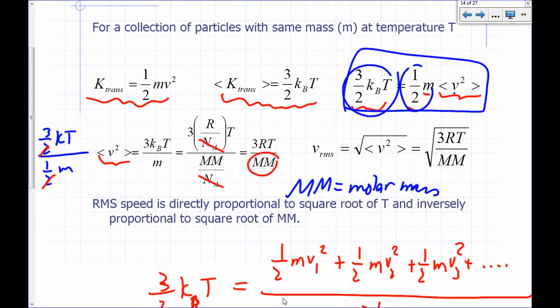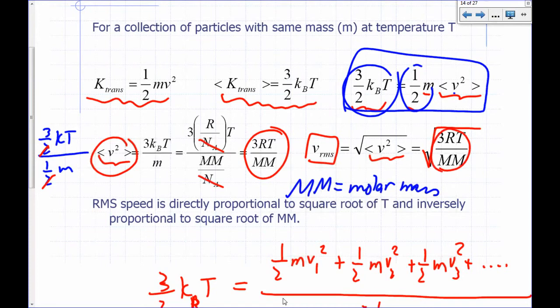Okay? So from this, we can take the square root. That's the square root of the average of the square of the speeds. You get what is known as the root mean square speed. So it's equal to the square root of 3RT over the molar mass. That's called your root mean square speed, RMS.